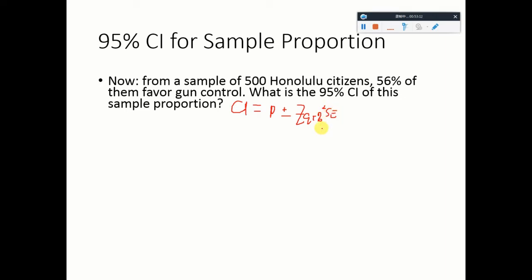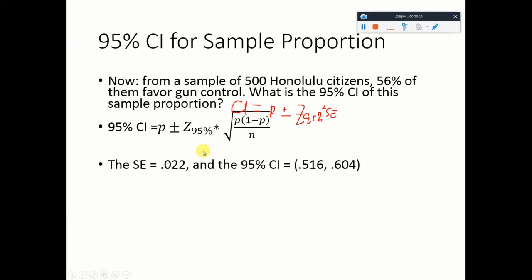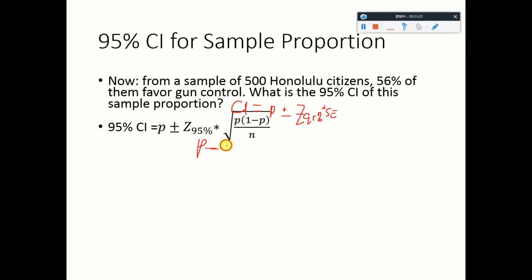Okay, so this is our formula here, and we know that the p here is 0.56, and we know that the z value for 95% confidence interval would be 2, right? Now, our only problem is to solve the standard error for proportion, and we know the formula, right?